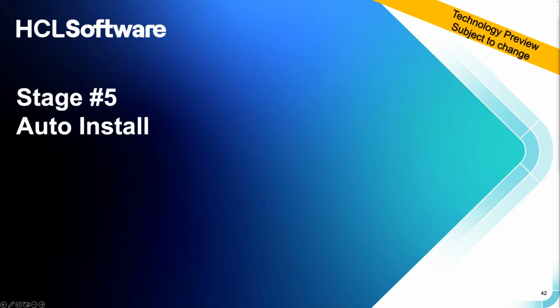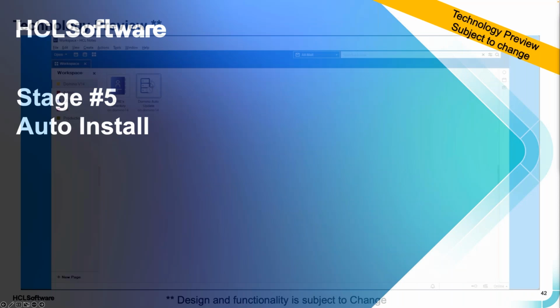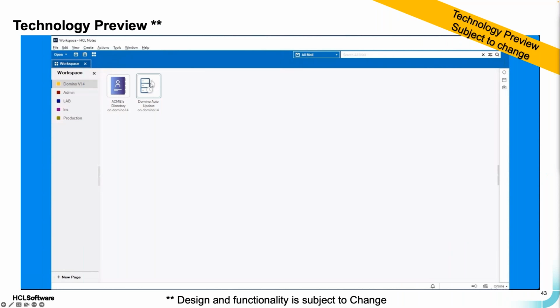But I'm going to show you a demo on what you could do with auto update by not just distributing the file, but also scheduling the actual update of the server to take place live. We are starting from the same place, in the auto update database.